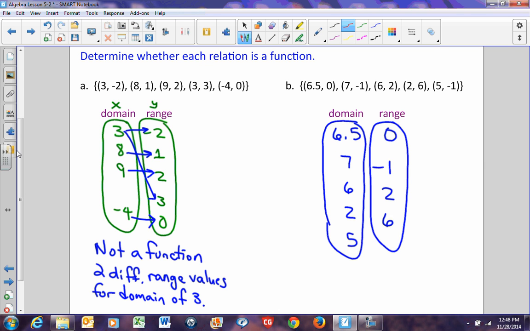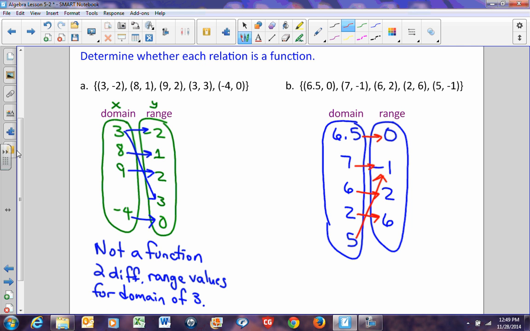Now I can draw my little mapping diagram. 6.5 goes to 0, 7 goes to negative 1, 6 goes to 2, 2 goes to 6, 5 goes to negative 1. Now that's fine. I have negative 1 as a range connected to two different domain values. That is acceptable.